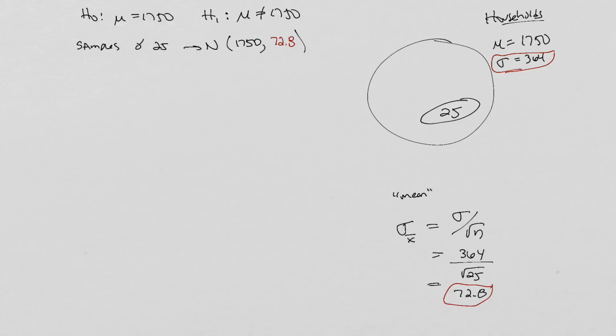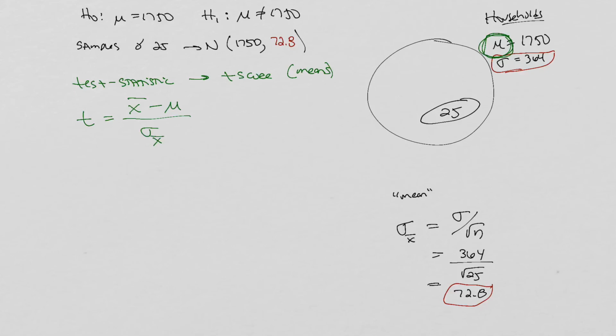Now, since we are using averages here and not proportions, our test statistic is a t-score. Those go with means or averages. To get the t-score, it's the same idea as a z-score. You take your number from the sample, subtract the number given from the population, and divide by the standard deviation of the samples.